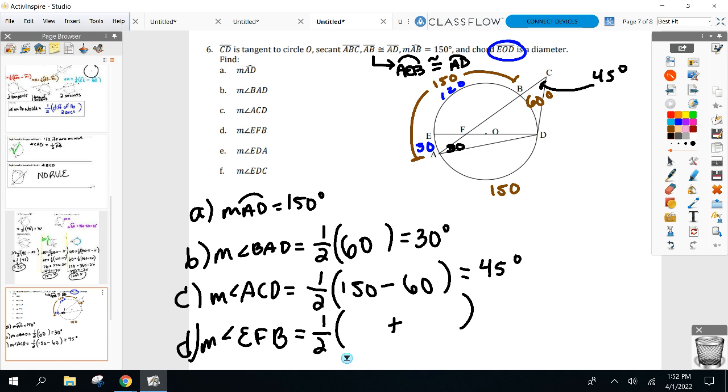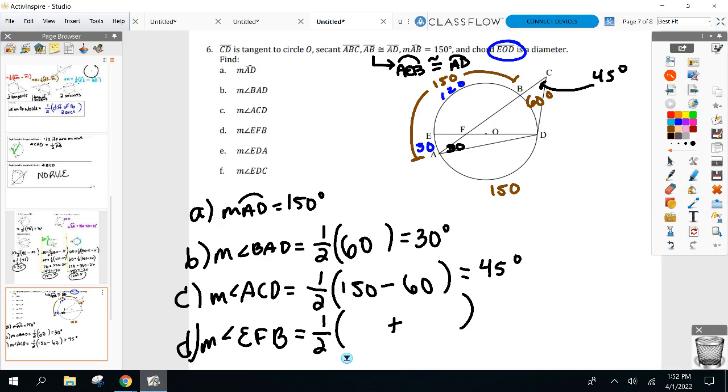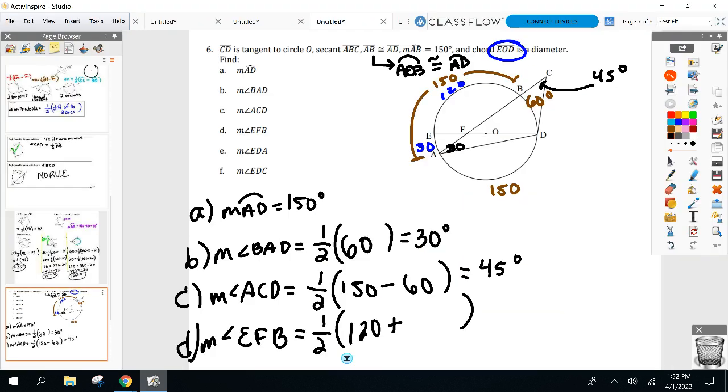EFB. Just want to make sure I got the correct one there. What's the arc measure that belongs to EFB? 120. What's the arc measure that belongs to its vertical angle? 150. Ooh, that's a large one, huh? 270. Half of that, 135.